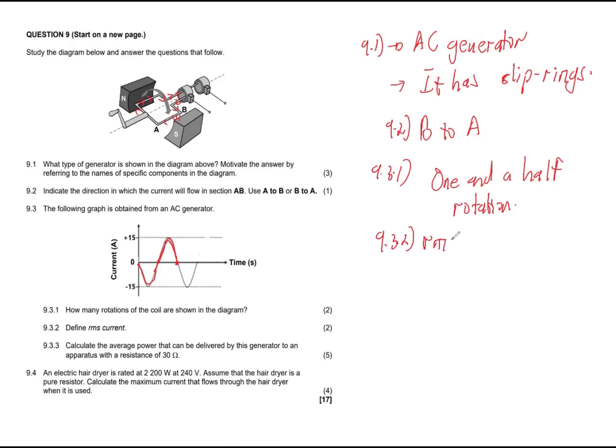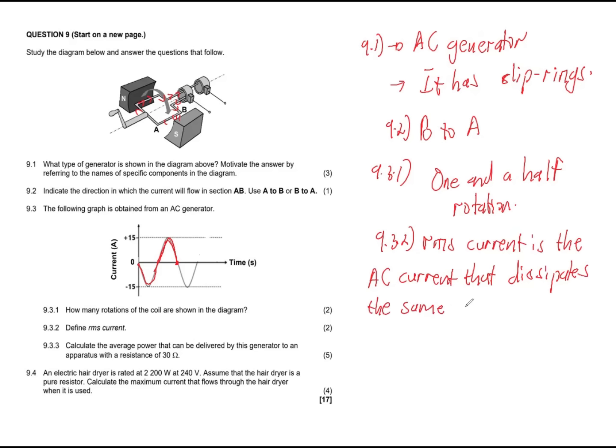So RMS current is the AC current that dissipates the same amount of energy as an equivalent DC current. Right.